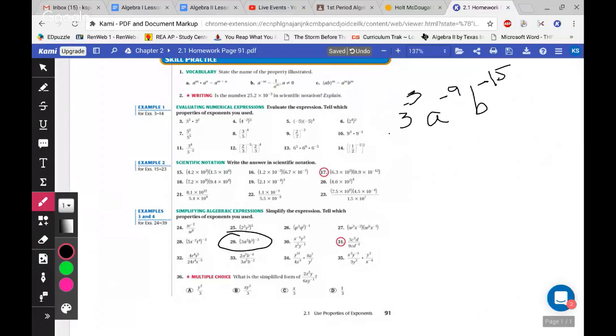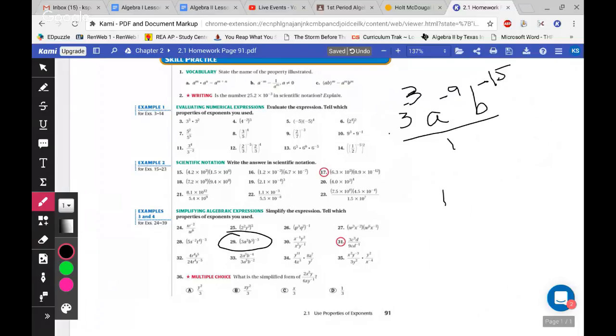Now, all of these are negative, and they're also in the numerator, because technically this could be stated as all over 1. So because all of these are negative, they're going to be shoved to the denominator.